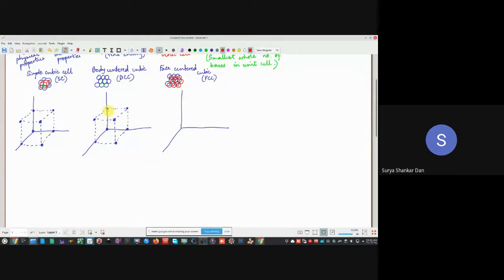So intersection of the diagonal. So this is one intersection here. The other intersection is here, correct? Opposite diagonal. So here we will have another atom. So I'll erase the intersections. Okay, this is a BCC. Now we'll put the other one.